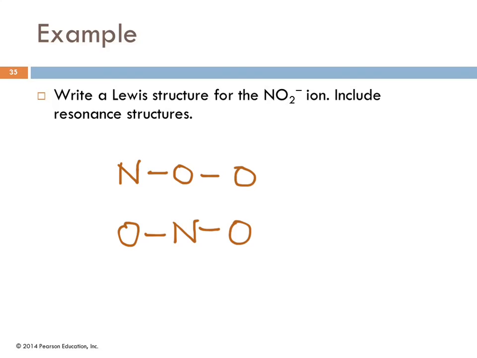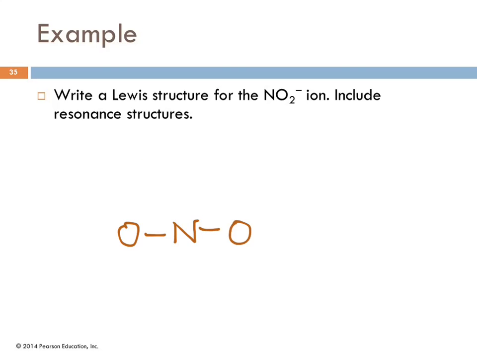The second one, we had a guideline that said hydrogen atoms are terminal and generally put the more electronegative element terminal, meaning on the outside. So if we look at nitrogen and oxygen, oxygen is closer to fluorine. Oxygen is more electronegative. So we're going to put the nitrogen in the middle and the oxygens next to it.